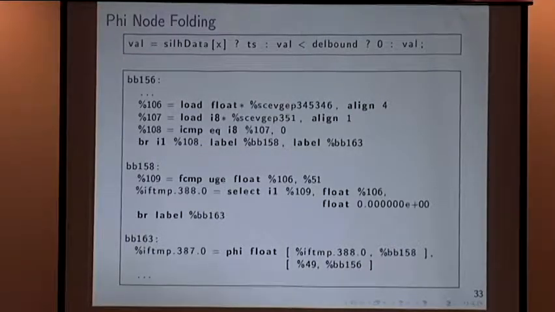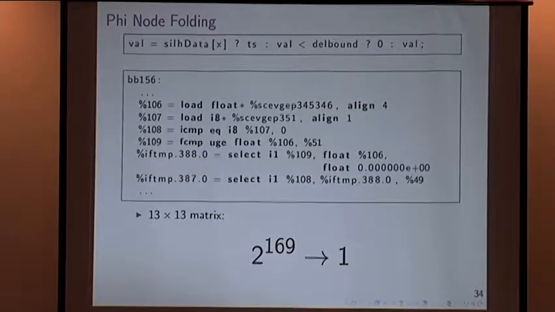So our extension to the finite folding mechanism simply allows us to convert the phi node at the bottom there into a straightforward select statement. The advantage is that you have a straight line execution, and you end up with something like this.